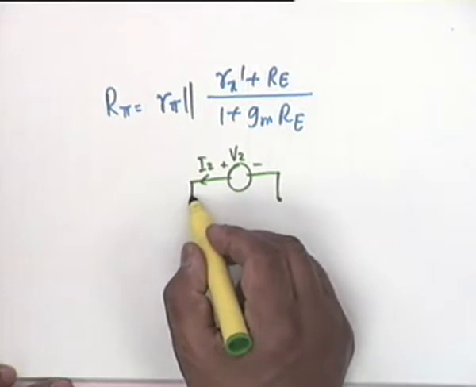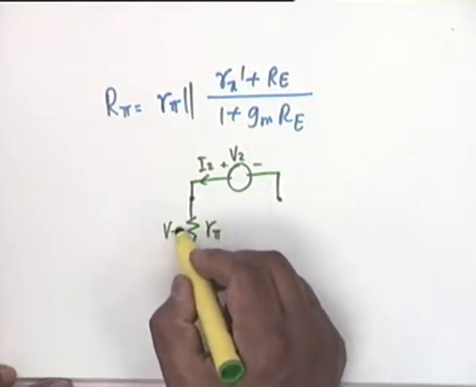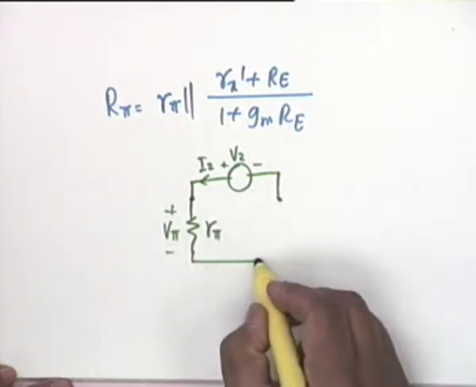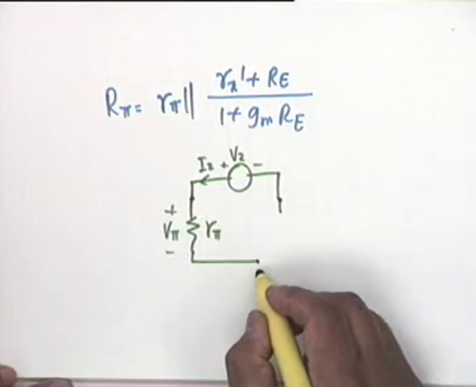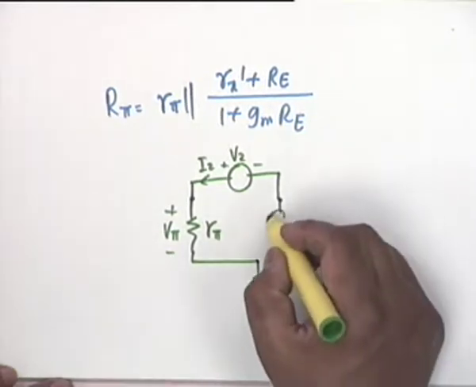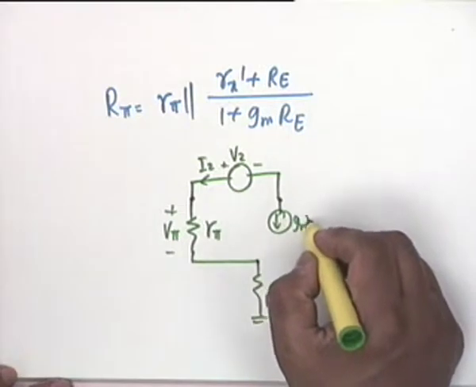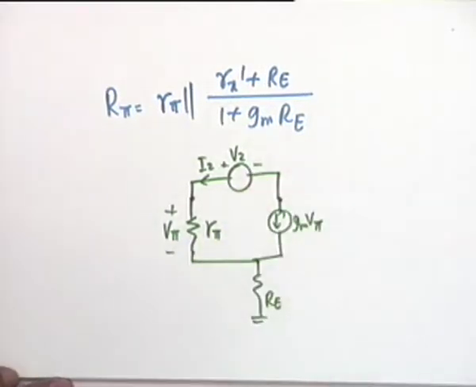Then what does it see? It sees a resistance R pi across which the voltage is V pi. Then it sees a resistance Re, a current generator Gm V pi. This V pi is related to V2, but we don't know what the relation is.